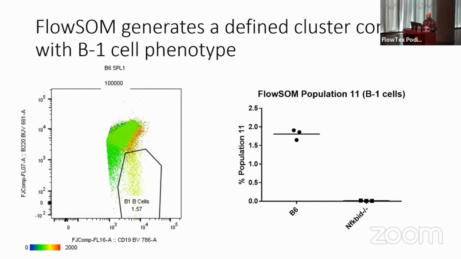B1 B cells are the innate cells that have low expression of B220, but high expression of CD19. And what was really nice was that we could get those to cluster. They form pretty much their own independent cluster. What was known about these mice was that they lacked these B1 cells. And so very nicely, we could show that population 11 it happened to be was completely absent in these mice. Okay, so that was nice proof of what we know.